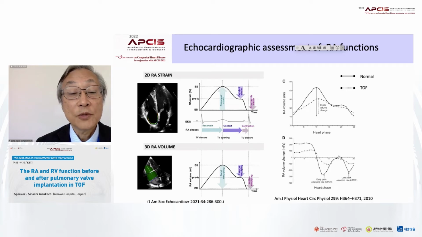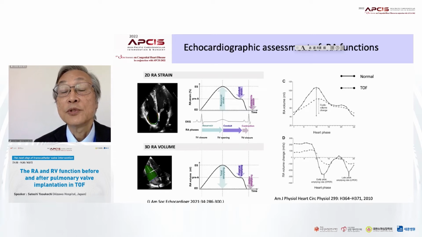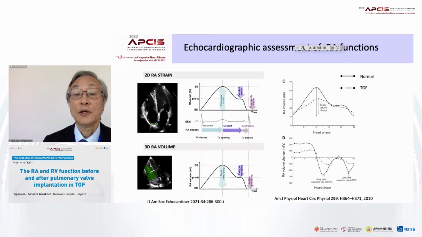The volume is assessed as total emptying, passive emptying, and active emptying. In the follow-up patient, there was a significant reduction of reservoir strain and contractile strain. And the early peak and late peak of the emptying rate are lower than normal in patients.